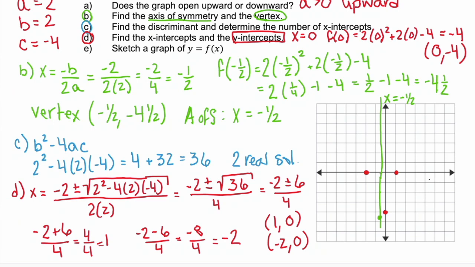If you look at our graph, we now have 4 points that we can connect and get the graph for our quadratic. So I start at the vertex and I can graph the right-hand side, and then I can graph the left-hand side. And notice, just as we predicted in part A, this graph opens upward.